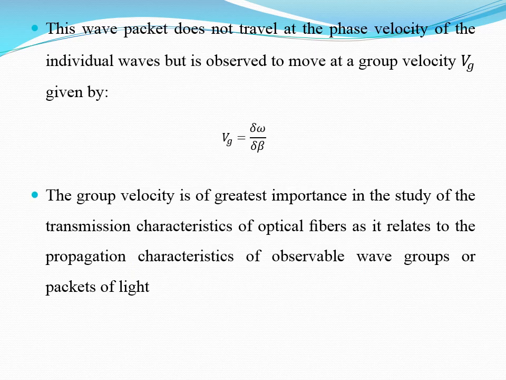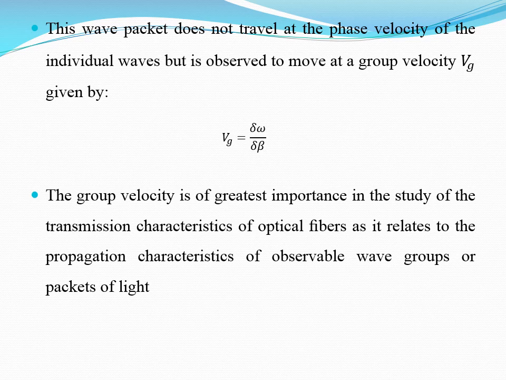Now, the wave packet doesn't travel at the phase velocity of the individual wave, but at a group velocity given by the small change in omega over the small change in beta.